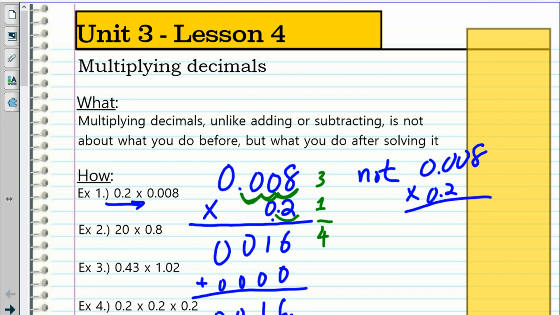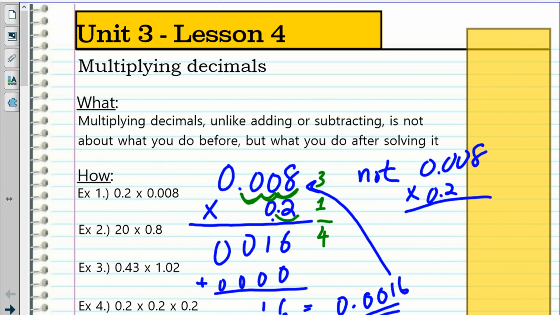Start the decimal here. 1, 2, 3, and 4. So your answer is 0.0016. In other words, what we've just done is we made this number much smaller. This number is smaller than either of the original numbers. Think about it like that.